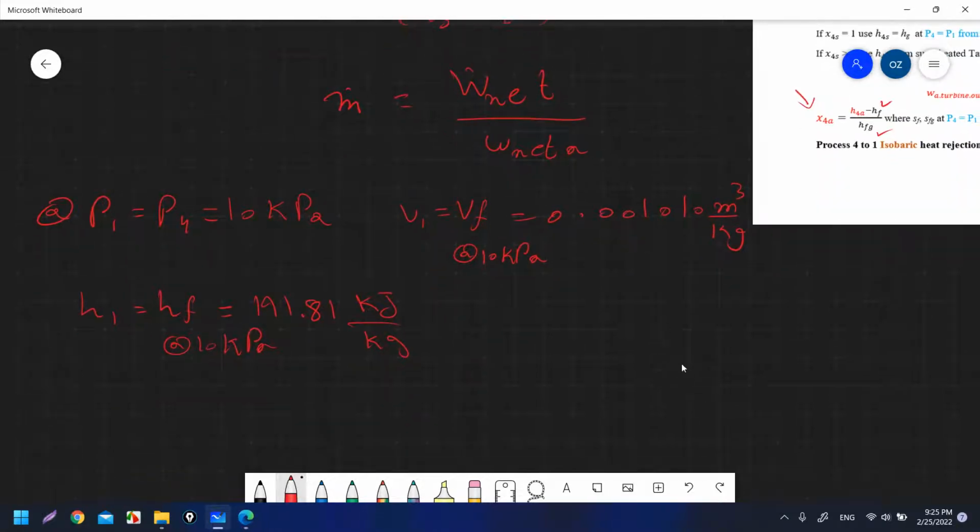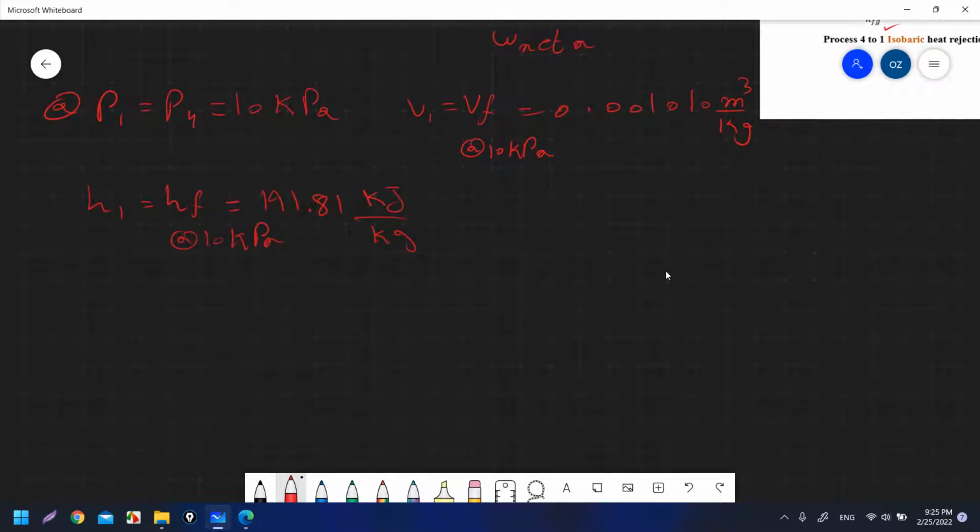And then I can go and calculate the work pump in, because now I have the specific volume. The actual work pump in will equal V1 (P2 minus P1), which is the ideal work pump in, but I will divide the ideal work by the isentropic efficiency of the pump to get the actual work for the pump.